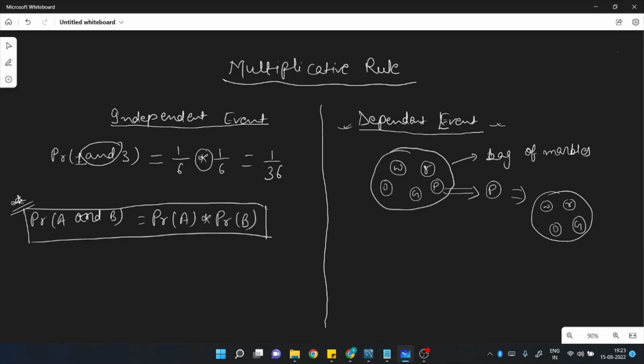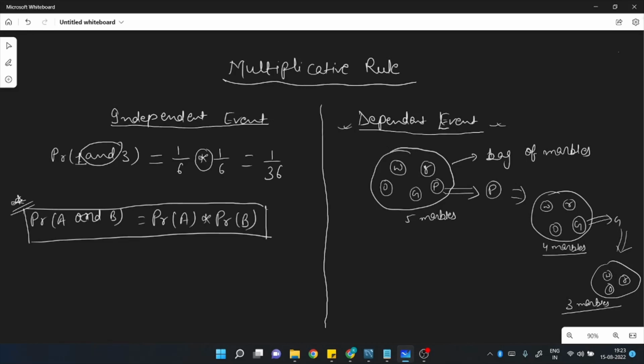Initially you had 5 marbles and now you are left with 4. If I again tell you to pick out another marble, the green one, how many marbles will you be left with? White, red and orange, only 3 marbles.